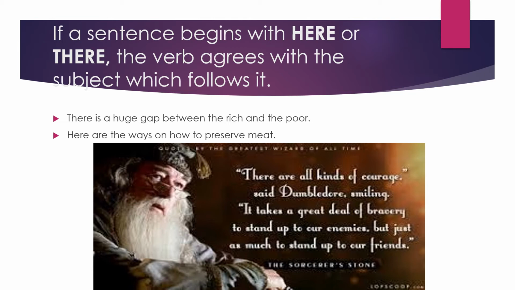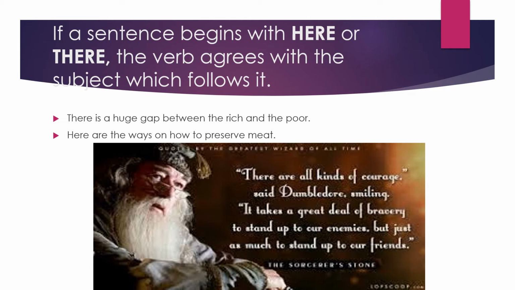Here are the ways on how to preserve meat. Here are the ways. Ways, plural, therefore a plural verb are. Or there are all kinds of courage, said Dumbledore, smiling. There are all kinds of courage. Kinds of courage. We're talking of multiple categories of courage. It takes a great deal of bravery to stand up to our enemies, but just as much to stand up to our friends.